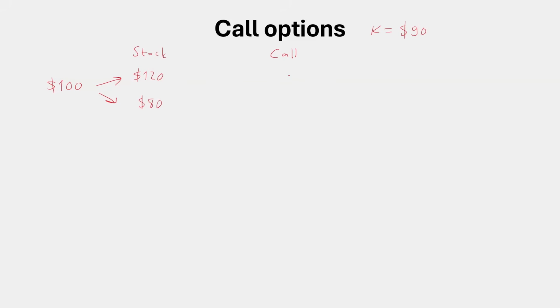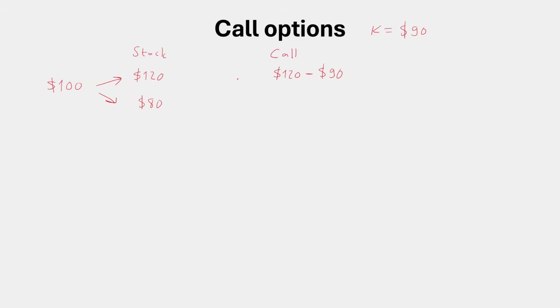So first, let's see if this call is valuable if the stock price goes up to 120. And the answer is yes, because if the market price is 120, the call option gives me the right to purchase that stock for $90. So I can purchase it a lot cheaper than the market price, giving me a profit of $30.